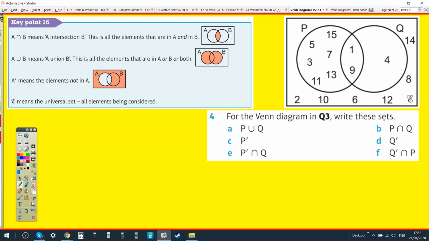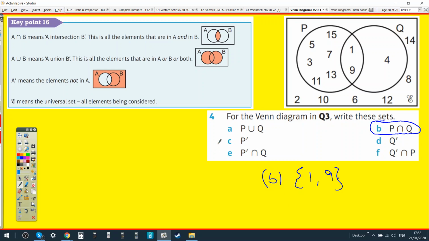For this one, let's say for B, what is this one? And so that is, yeah, so B would be 1 and 9.